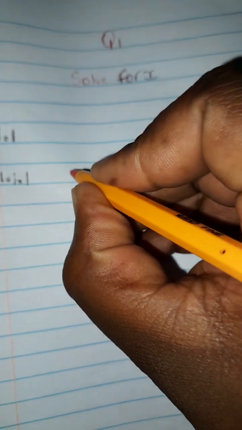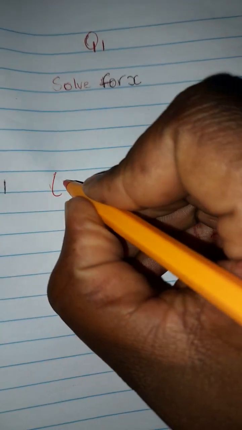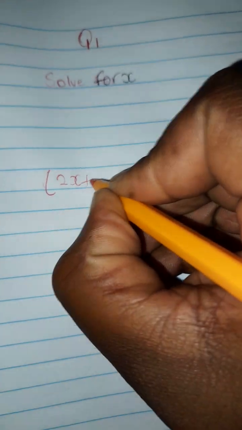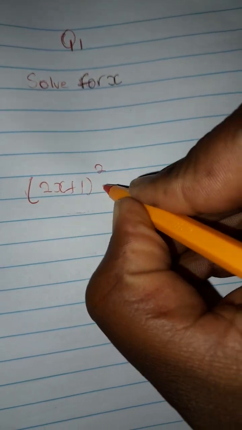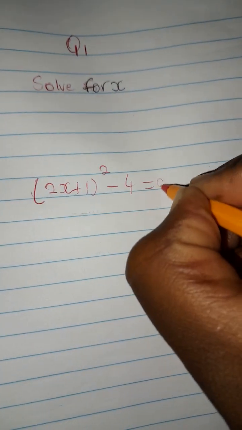So we'll work out the brackets in this case. What are we given? We are given (2x + 1)² minus 4 equated to 0.